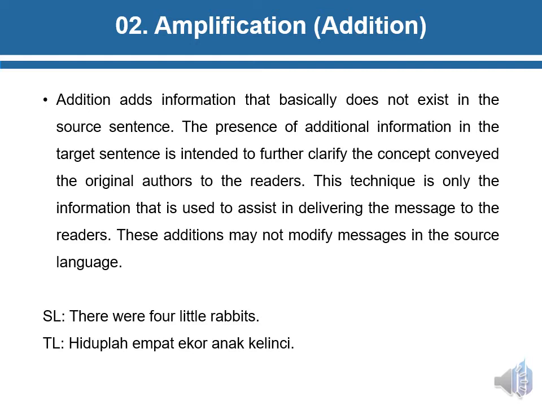These additions may not modify messages in the source language. So additional information here does not mean to beautify or to omit some information, but it is merely needed because it doesn't exist in the source sentence.